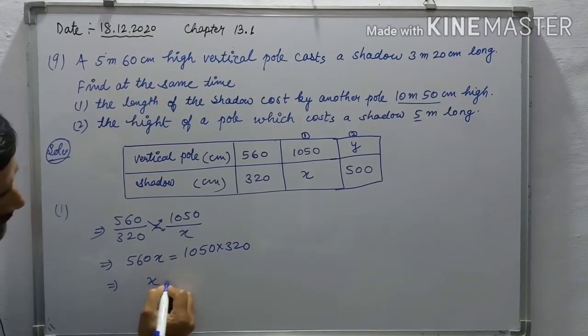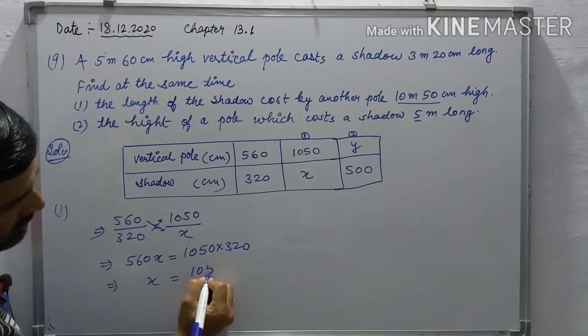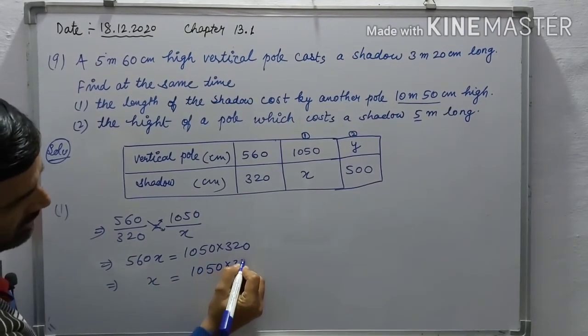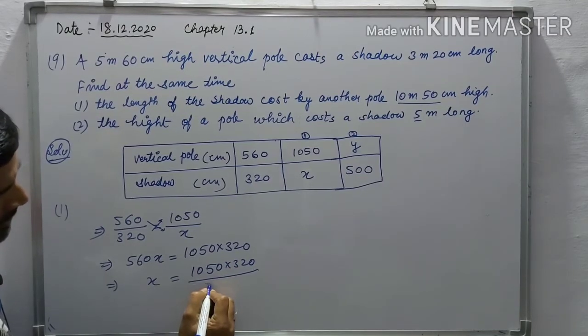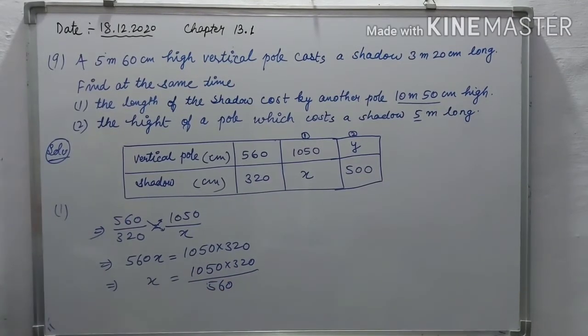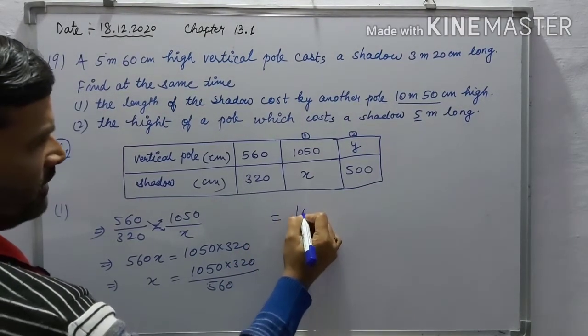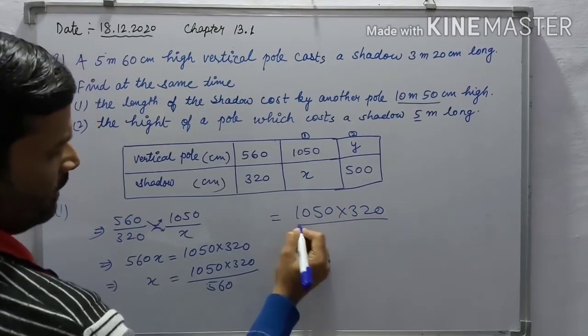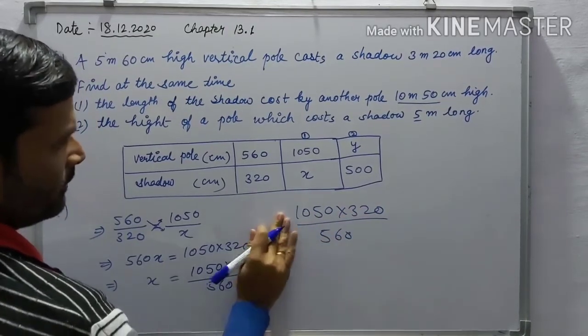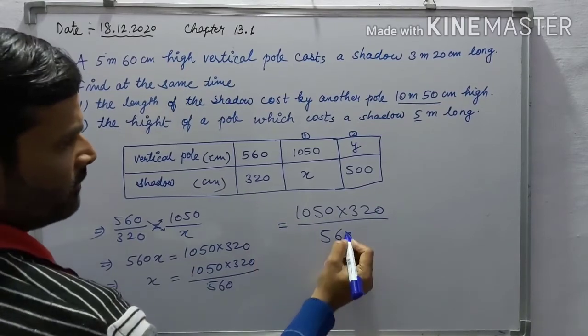Now x is equal to 1050 into 320 upon 560. Okay, now cancel and solve. Now the zero cancels.